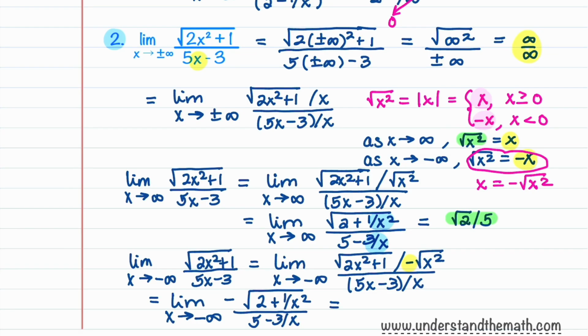As x goes to minus infinity, this term and this term are going to go to 0, and we're left with an answer of minus the square root of 2, all divided by 5. This is an example where the limit as x gets really large is different than the limit as x gets really small.